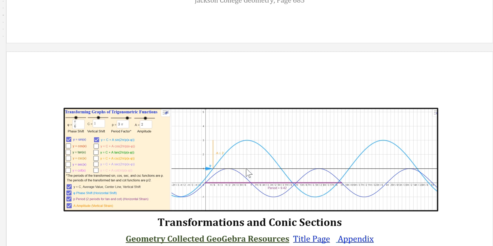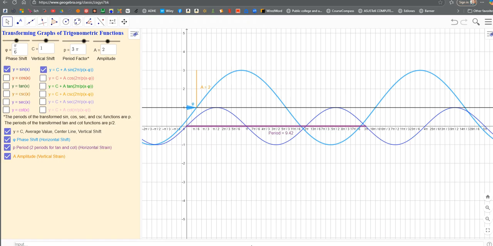Amplitude then is the distance from the center line up to the maximum, or from the center line down to the minimum, or half the distance from the minimum to the maximum, the vertical distance there. And so you can see these things illustrated. Let's actually pull up the app. So here it is, what we just saw there.